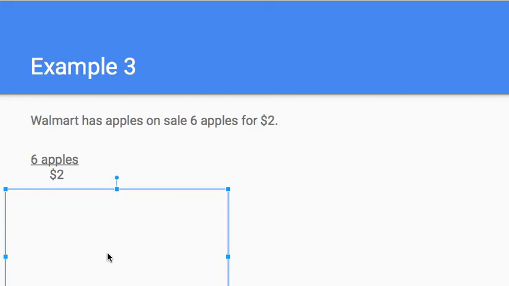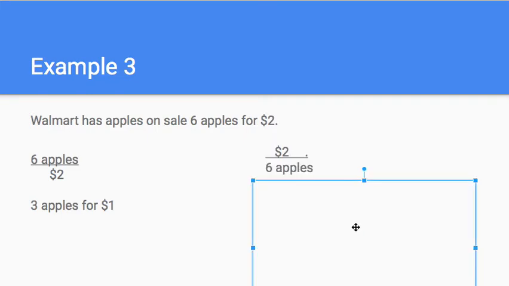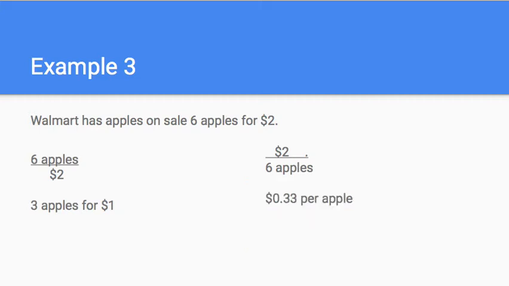So I have 6 apples divided by $2. I can get 3 apples for $1. That makes sense as a unit rate. I can also, alternately, take the $2 divided by 6 apples. Now 2 divided by 6, I can get 33 cents approximately per apple. So for 1 apple, I pay 33 cents. Both of these make sense as a unit rate.